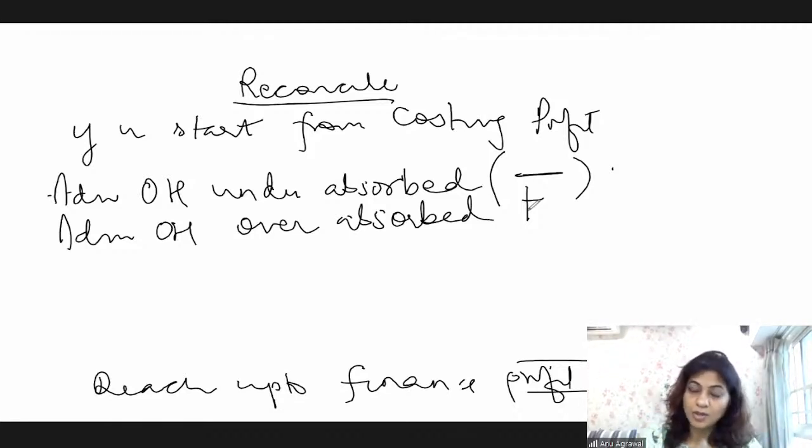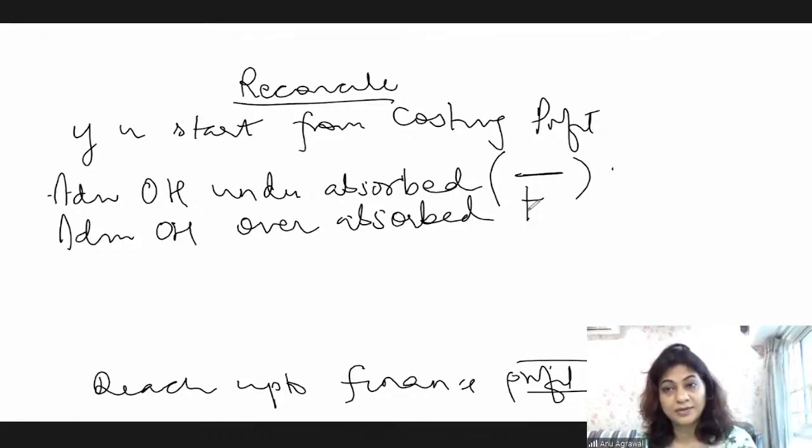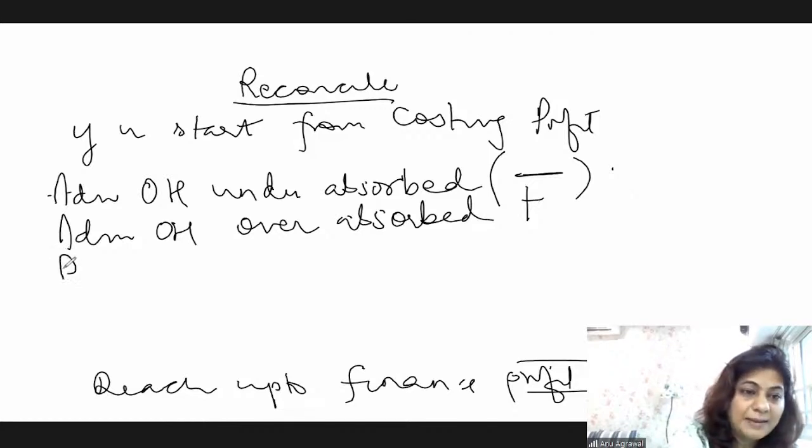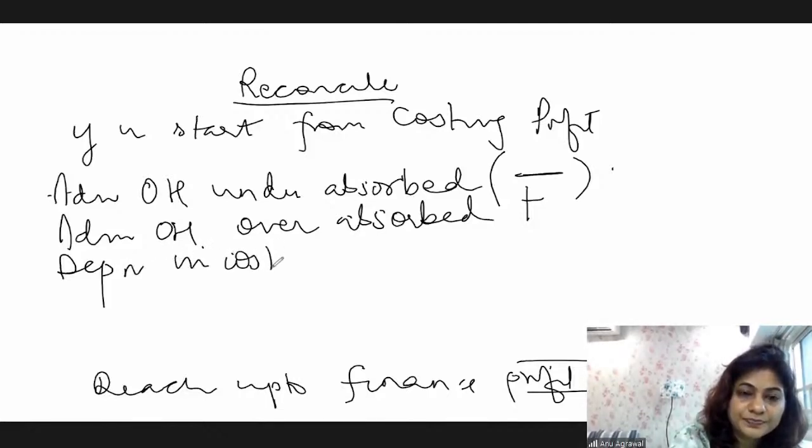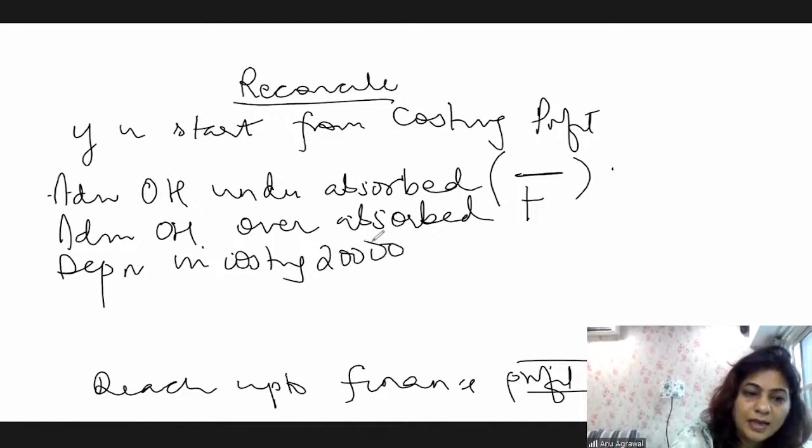So the whole logic of reconciliation is that you need to look into the impact of the respective transaction which will be given. For example, I tell you depreciation in costing is 20,000 and in finance it is 30,000.